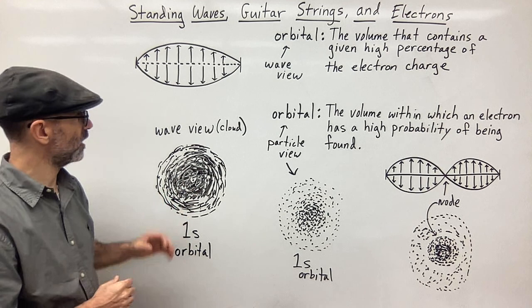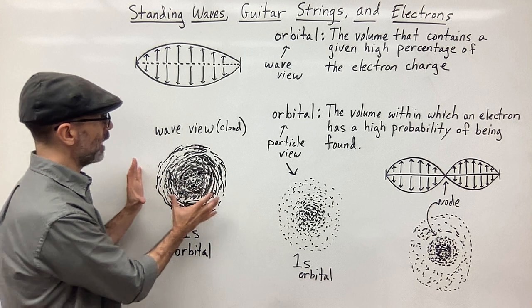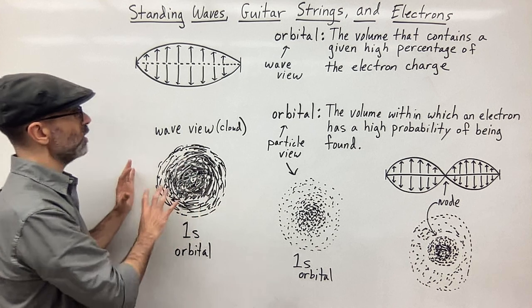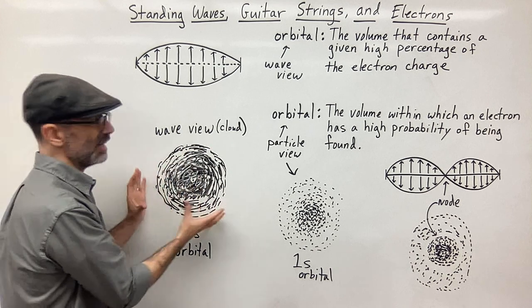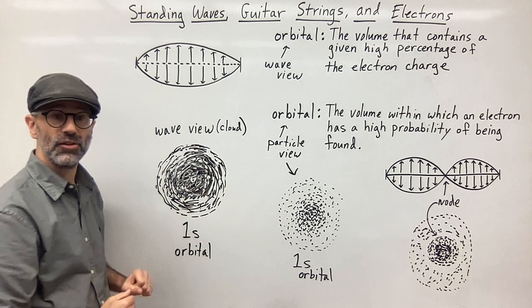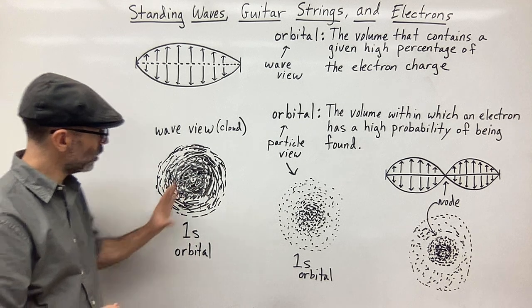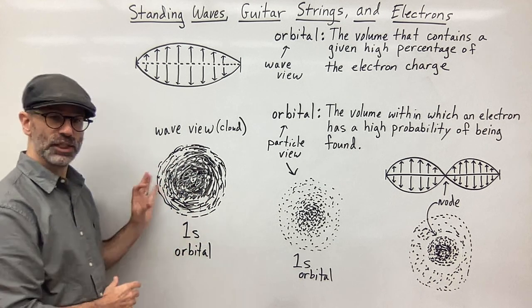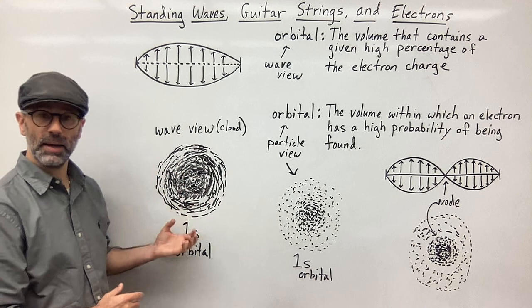Typically 90% is what we're looking at. So this might be the volume that contains 90% of the charge intensity of the electron in this orbital. And so we call this the 1s orbital. It has a spherical shape to it, three-dimensional.